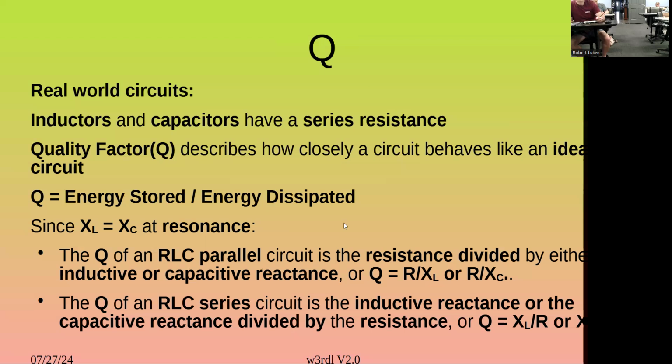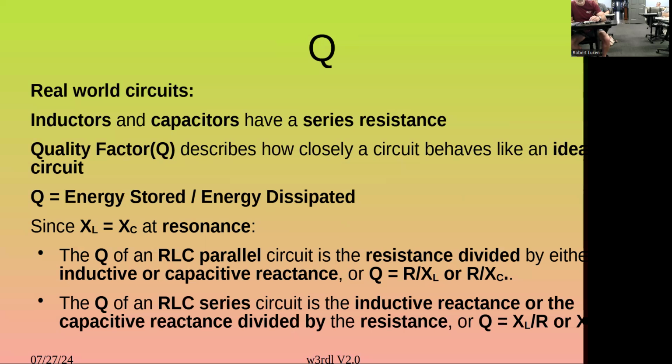Since the reactances are equal at resonance, if you have a parallel resonant circuit, the Q is going to be the resistance divided by the effective reactance, whether it's inductive or capacitive.